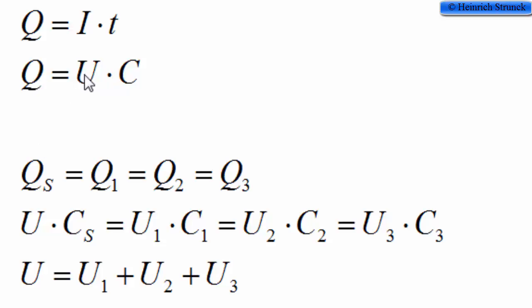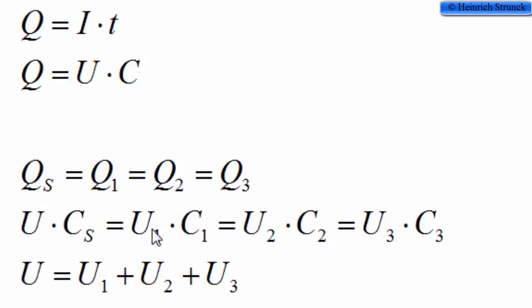And we can see here also that the charge is the voltage times the capacitance. So instead of the charge we can say voltage times capacitance. That was for the serial capacitor, and that's the supply voltage.